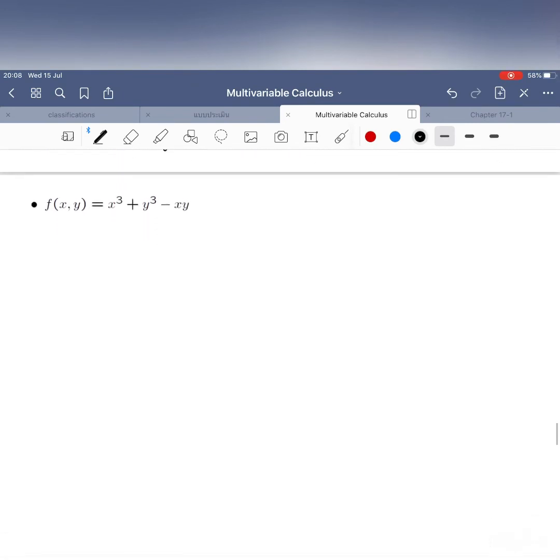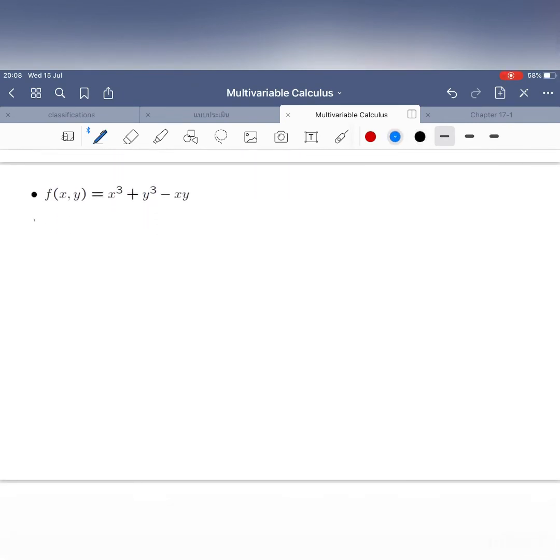So let us go a little bit further, okay? For example, this one. First of all, again, what are the critical points, okay? So you have f sub x, which is 3x squared minus y, and f sub y, which is 3y squared minus x, of course. Okay, so how can you get rid of one variable?